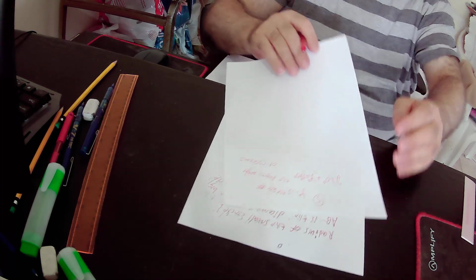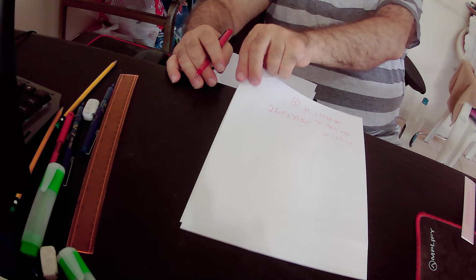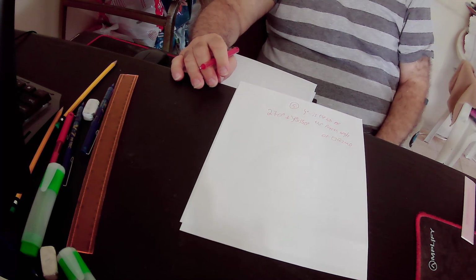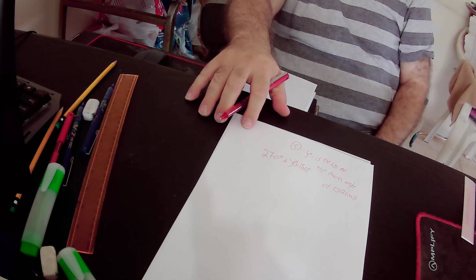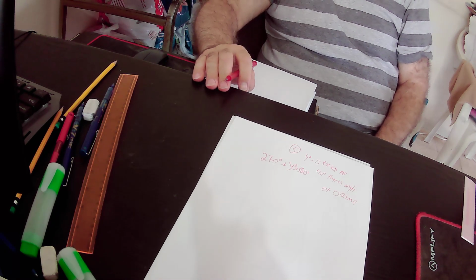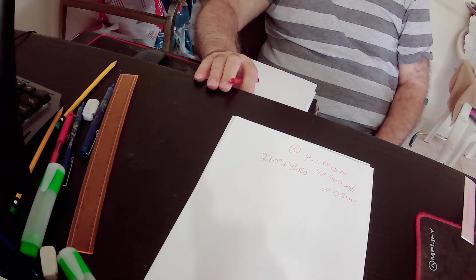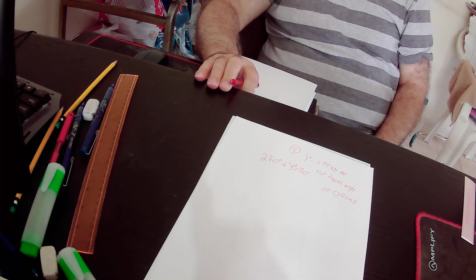So I'll read again the things that I wrote. According to rule number 2, first of all, we defined y as the size of the 4th angle of quadrilateral QZMD. And we know, according to rule number 2, that the sum of the angles of quadrilateral QZMD must equal 360 degrees.